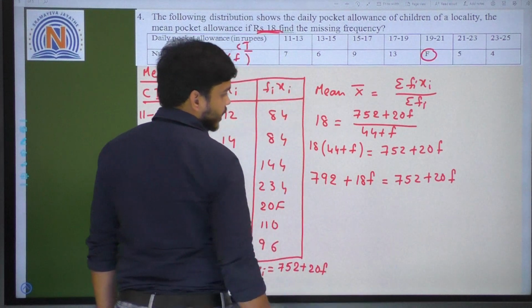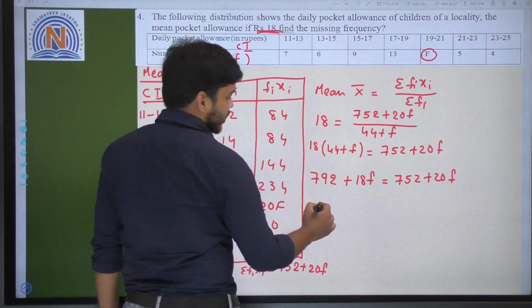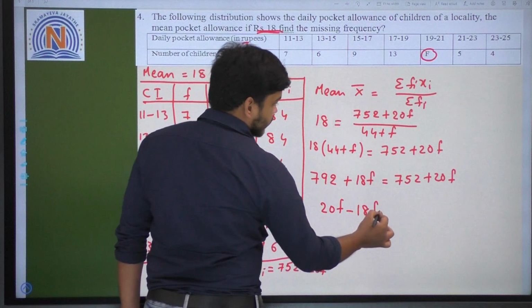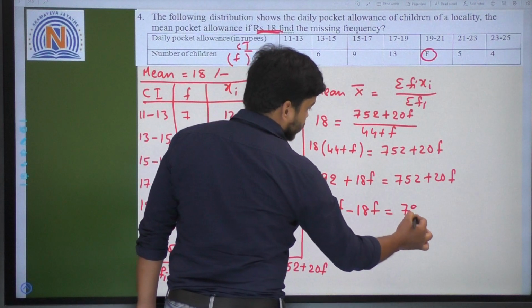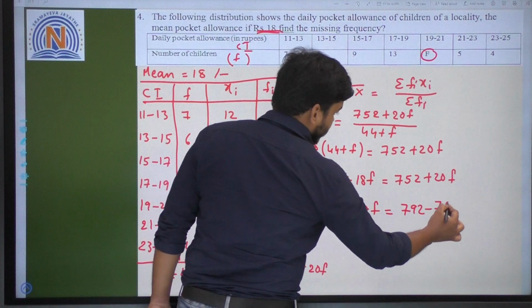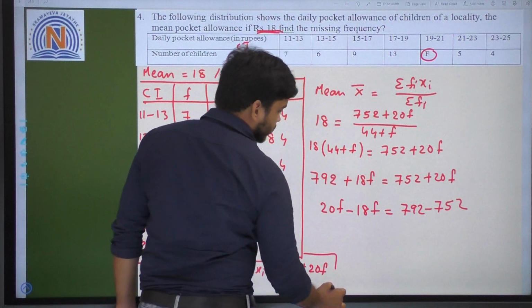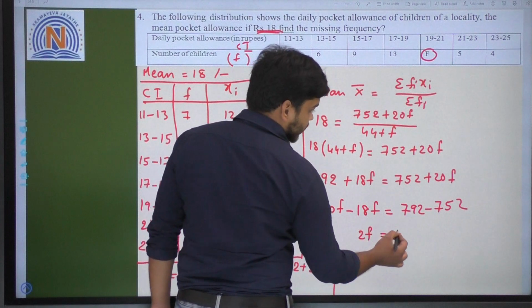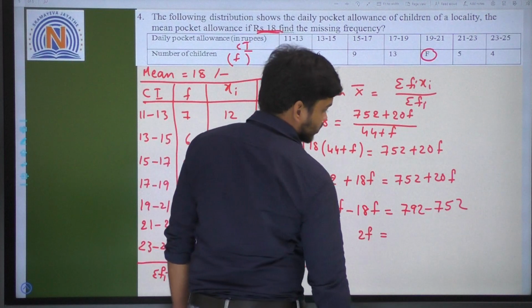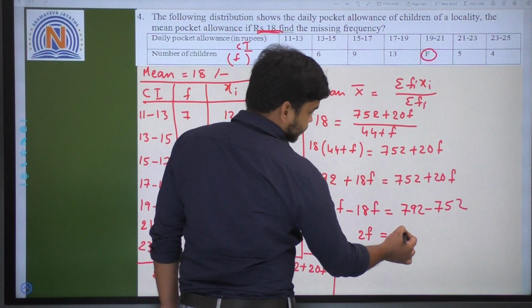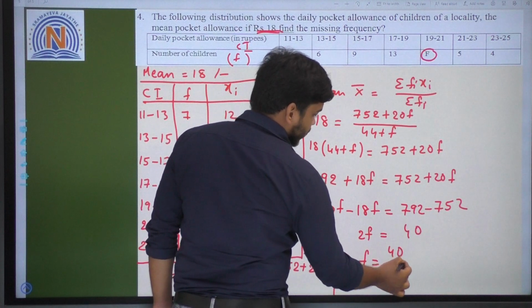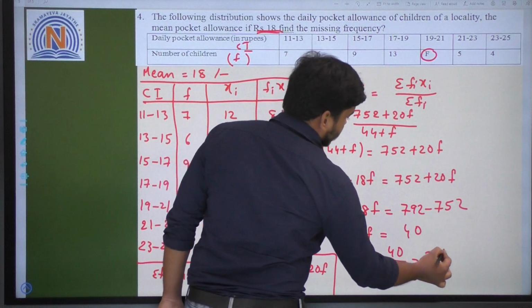Taking variables on one side and constants on the other, 20f minus 18f is equal to 792 minus 752. That is 2f is equal to 40. Therefore f is equal to 40 by 2, that is 20.